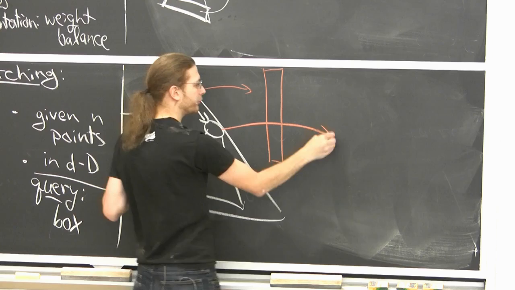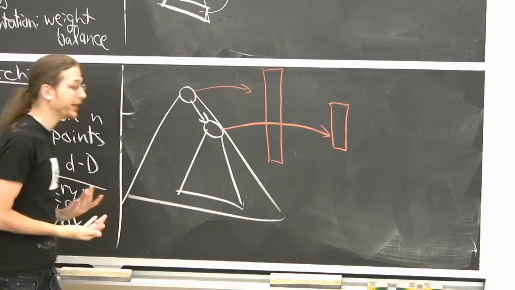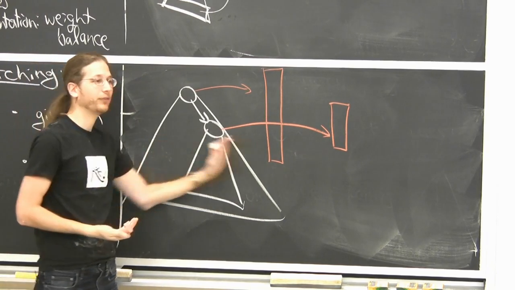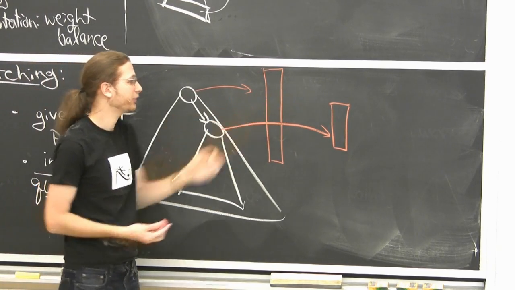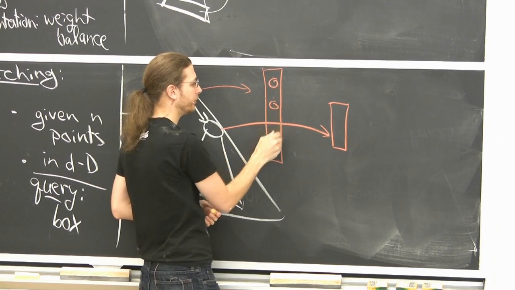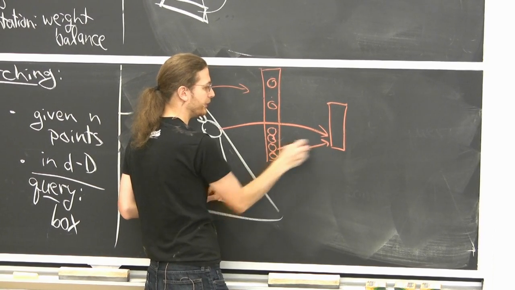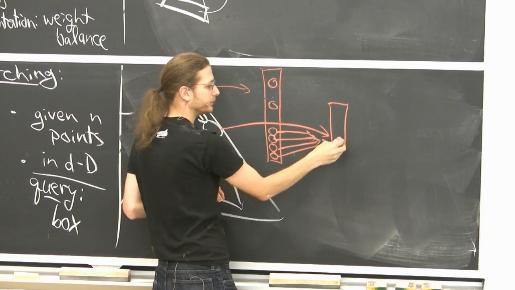This guy has a corresponding array with some subset of the nodes. Which subset? The ones that are to the right of this X coordinate. Some of these guys exist over here. They'll be in the same relative order.